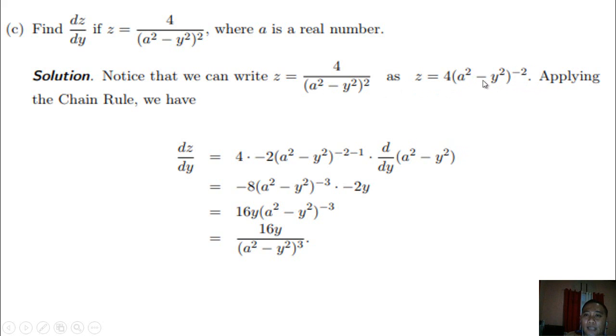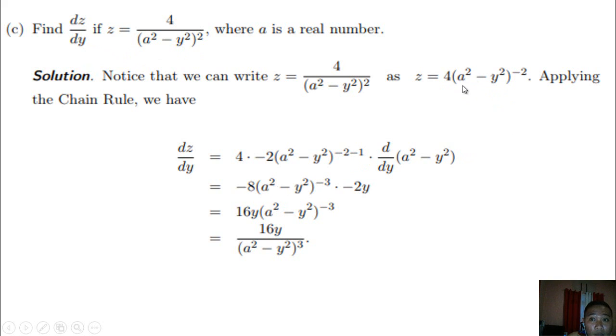So, ganun pa rin, hindi nag-change ang sa loob, pero ang exponent ay nagiging negative kasi tinaas. Okay. And then, we know that ang ating gagamitin dito is yung power rule. Una, yung sa labas. So, negative 2 times 4 is negative 8. Then, negative 2 minus 1, negative 3. Then, copy. Yan, ang una. Second derivative nito, we know that this is in terms of y. Ang a squared natin is a constant.